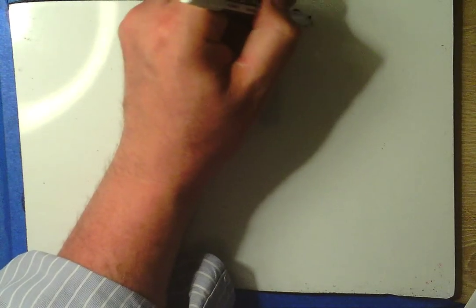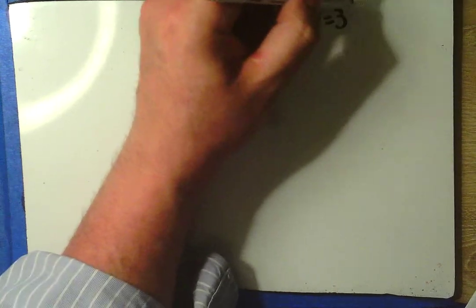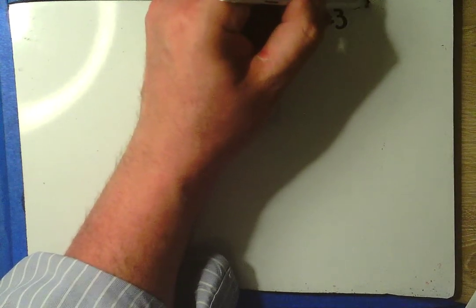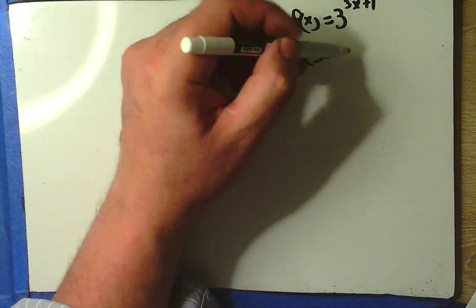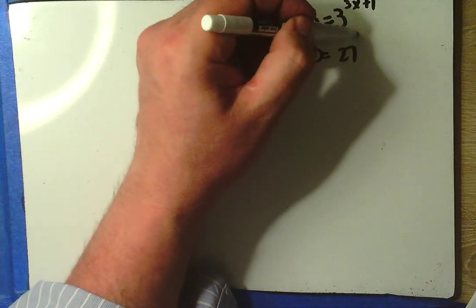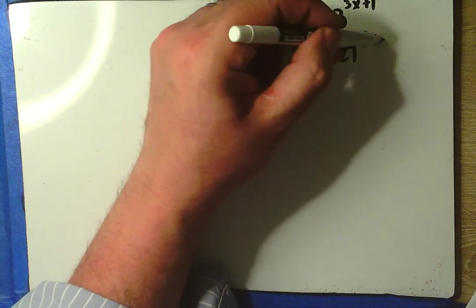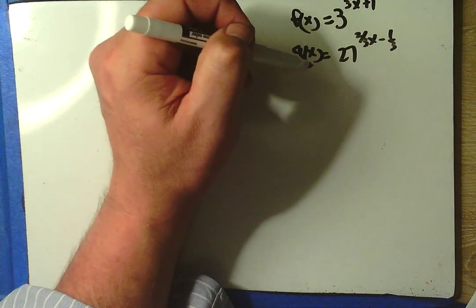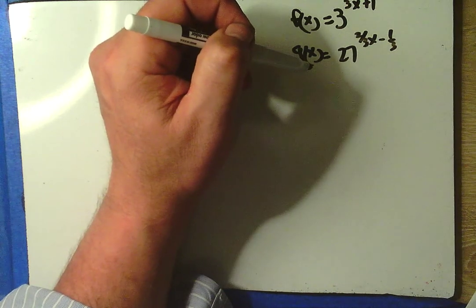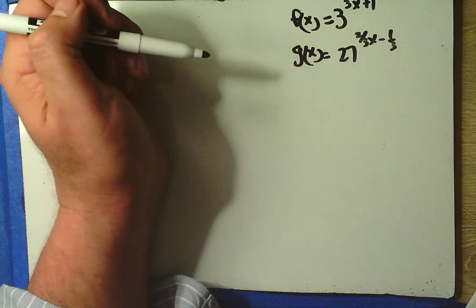Okay, 56. 56 says if f of x equals 3 to the 3x plus 1, and g of x equals 27 to the (2/3 x minus 1/3), for what value of x does the graph of f intersect the graph of g?